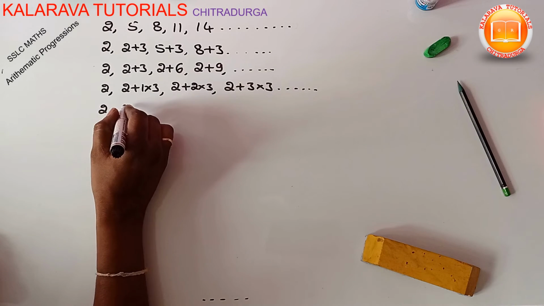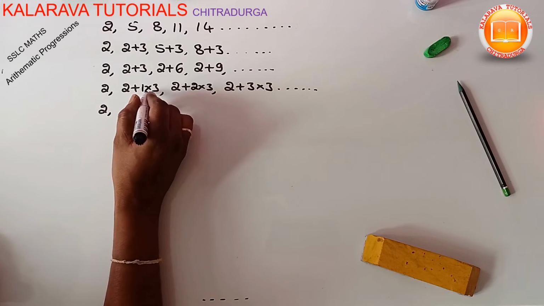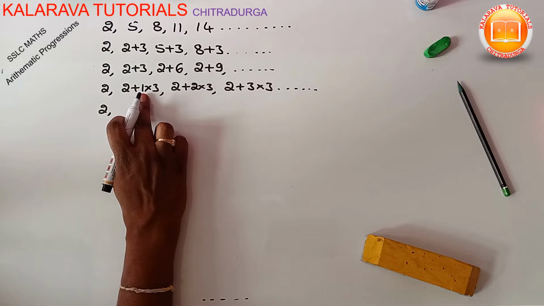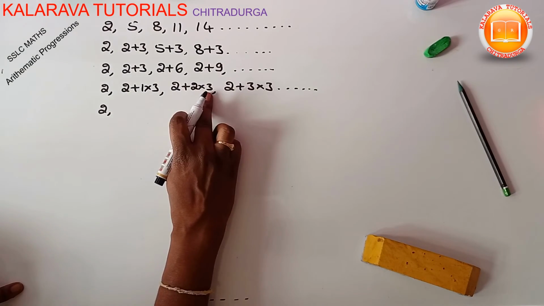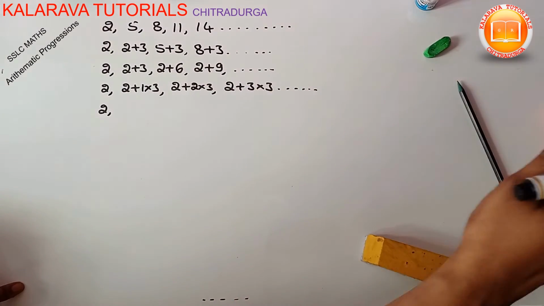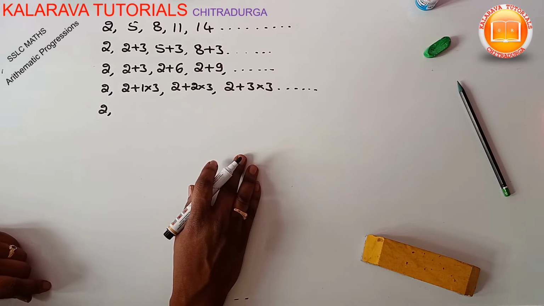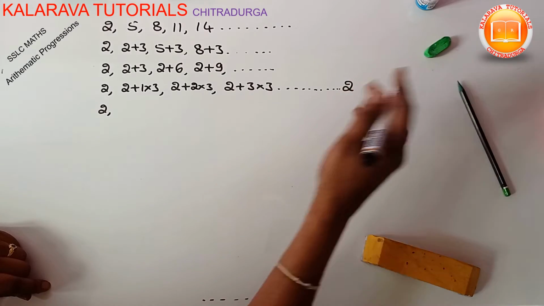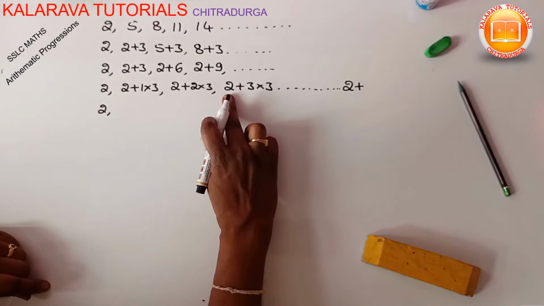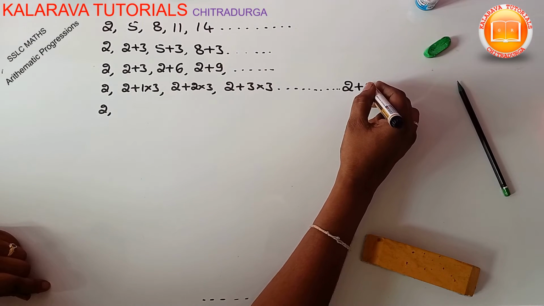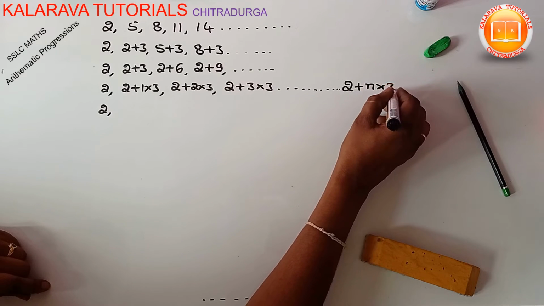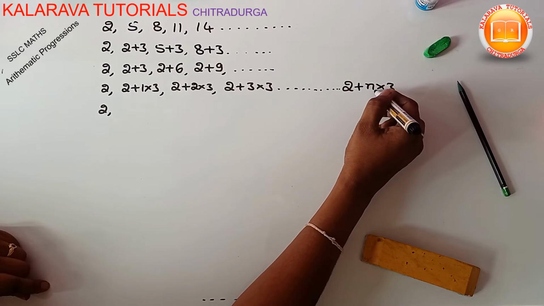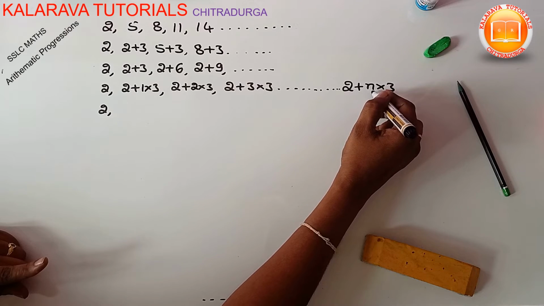The first term is 2, and for the second term we add 1 time the fixed number, then 2 times, then 3 times, and so on. For any term, say the nth term, we might add n into 3.